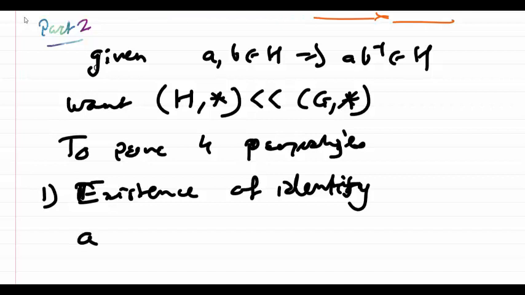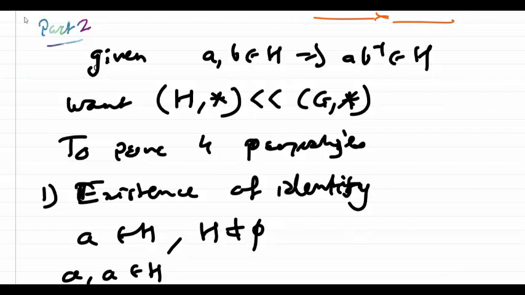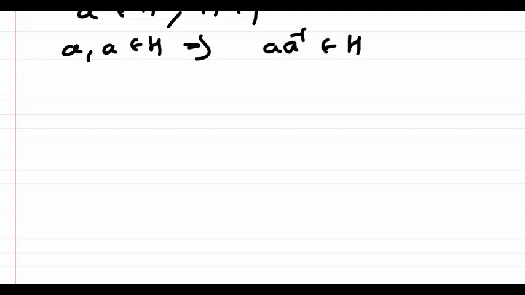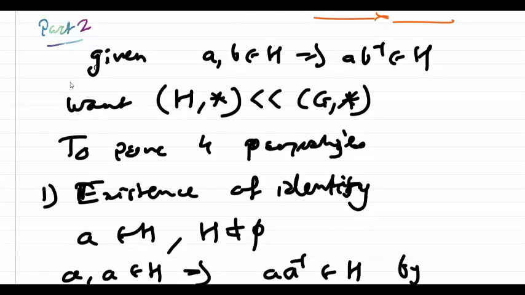So a belongs to H, H is non-empty. Take a and the second element also as a. a belongs to H. So by given, a a inverse belongs to H. That is e belongs to H. We can call this B1.